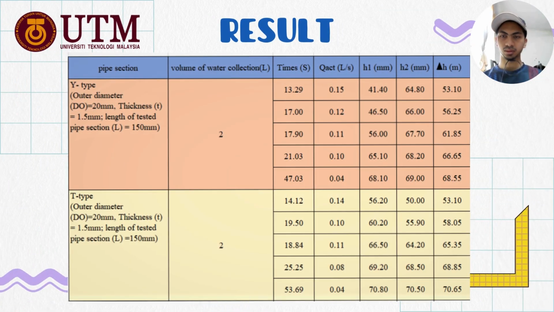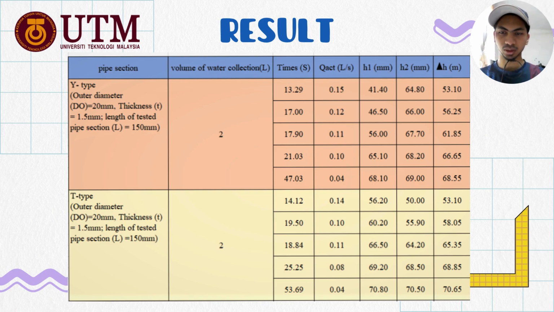So the next slide is the Y type and T type of the pipe section. The volume of the water collection is the same, 2 liters, and here are the timer and the volume flow rate for each reading.